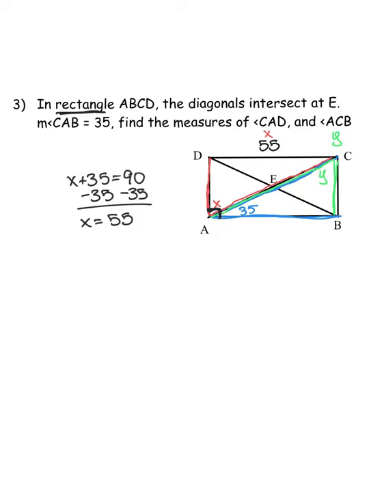If I want to find angle Y here, there's a couple of different ways you can do it. If I look at this, I know that my opposite sides here are parallel.